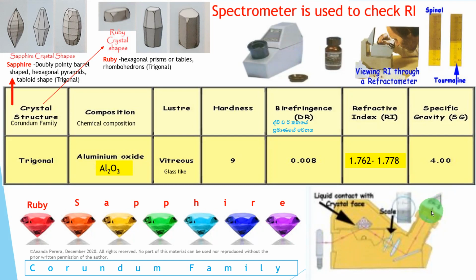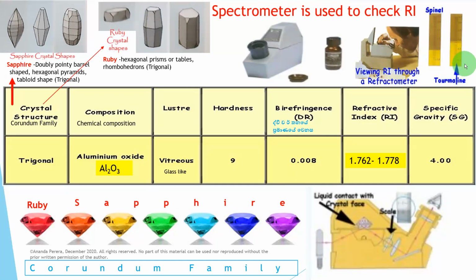When we see through this eyepiece, we can see the scale like this. This is the scale. If it is spinel, we can see the clean difference between the shadow area and the light area. Only one line, because it is single refractive.